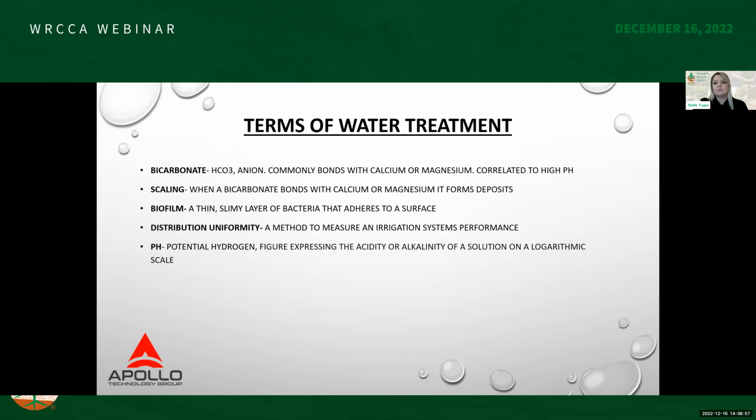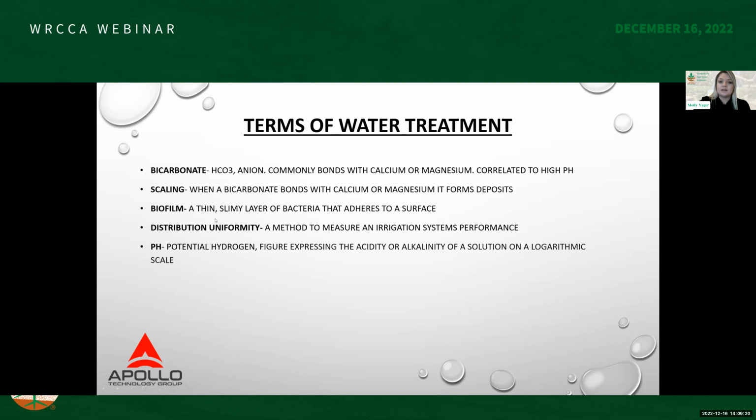So some common terms that I use in water treatment, and I often get asked by the growers that I'm speaking with to define these terms to them. So maybe you can help your growers with these. Bicarbonates. So bicarbonate is just HCO3. It's an anion. It commonly bonds with calcium and magnesium, and it is correlated with high pH, as Karl said earlier.